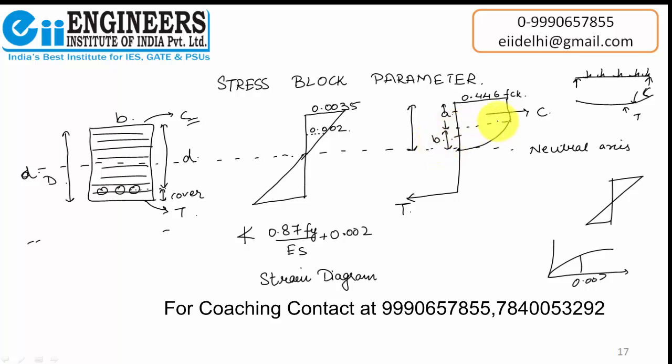How do we find this? We'll go to the strain diagram, and we consider the triangles OAB and OPQ. We can easily see that these two triangles are similar. So triangle ABO is similar to triangle PQO.